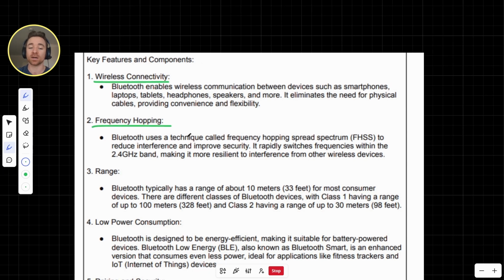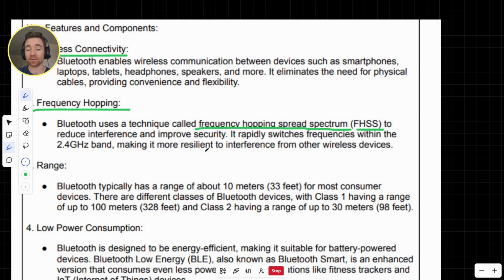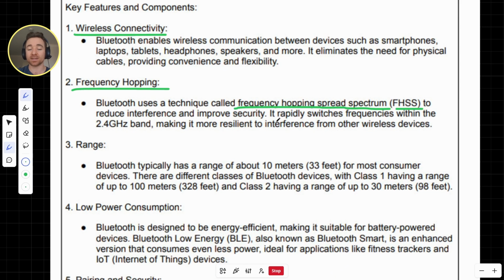Dial in on this one, guys. It uses a technique called frequency hopping spread spectrum, or FHSS, to reduce interference and improve security. This essentially means it rapidly switches frequencies within the 2.4 gigahertz band. So it's switching all the time, which makes it more resilient to interference from other wireless devices.